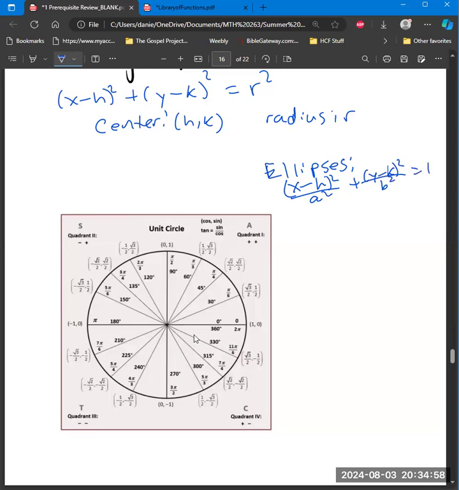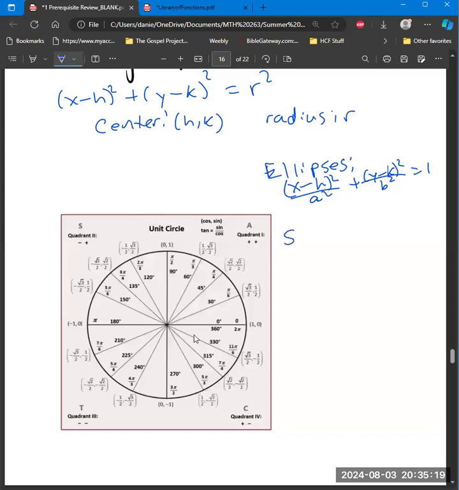If a was greater than b, then our major axis was in the x direction, and if b was greater than a, then our major axis was in the y direction, and so on. But there's plenty of that, again, in our pre-calculus review videos that are already up.